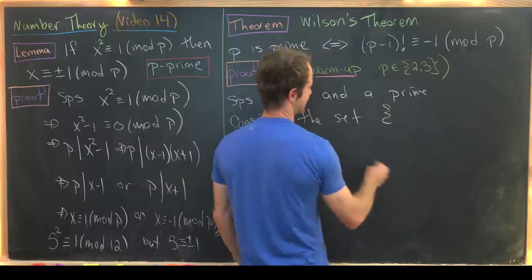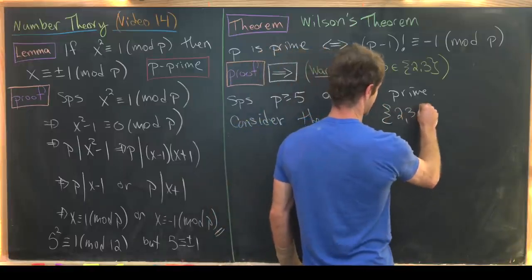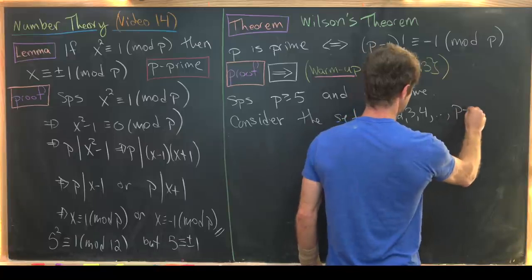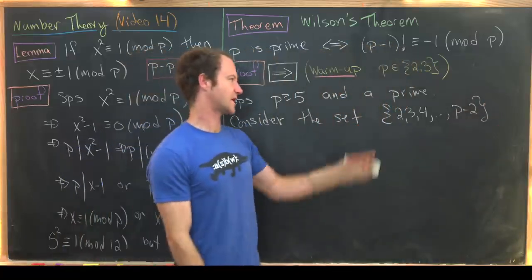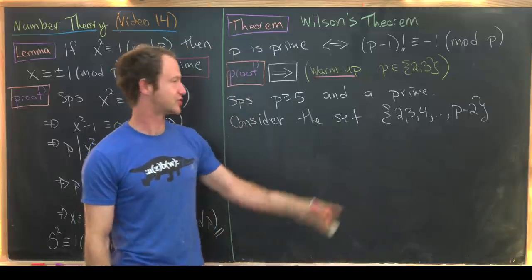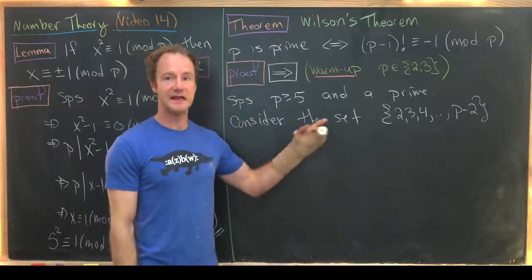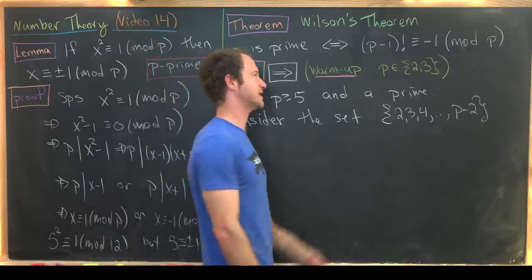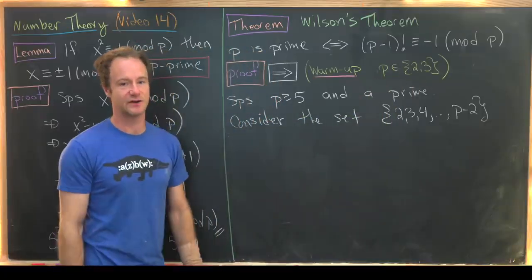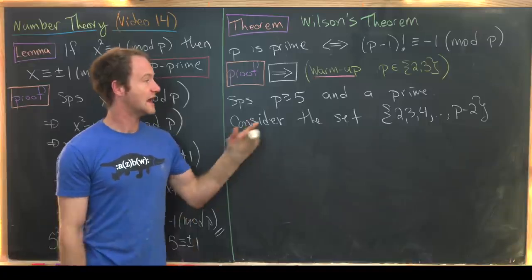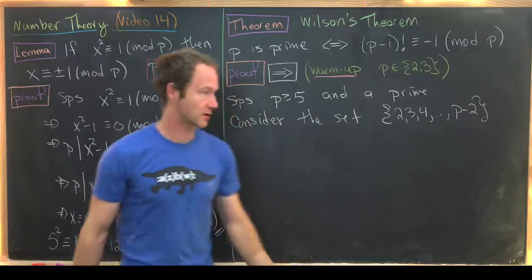That set is going to be made up of the numbers 2, 3, 4, all the way up to p minus 2. The fact that we're considering this set, which starts at 2 and ends at p minus 2, is really the reason why the p equals 2 and p equals 3 cases have to be considered on their own. And now we're about ready to use our lemma.